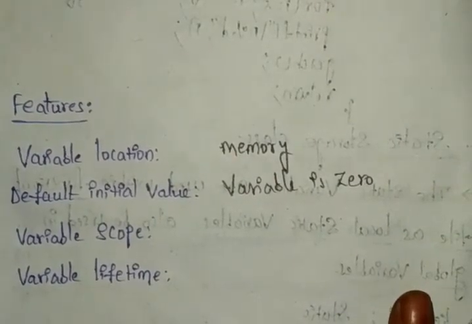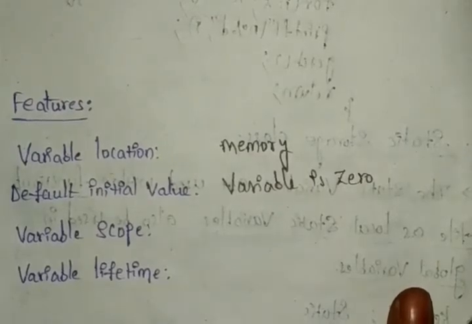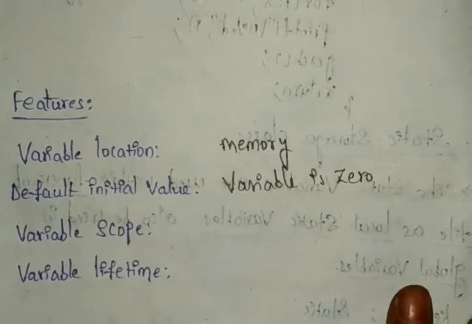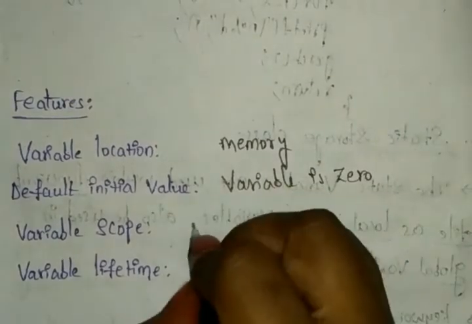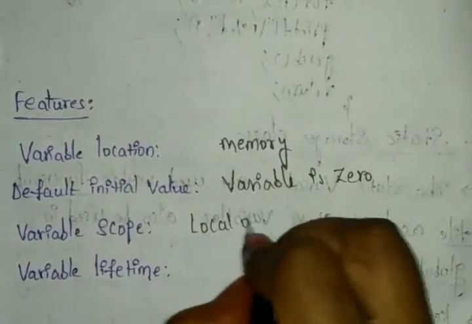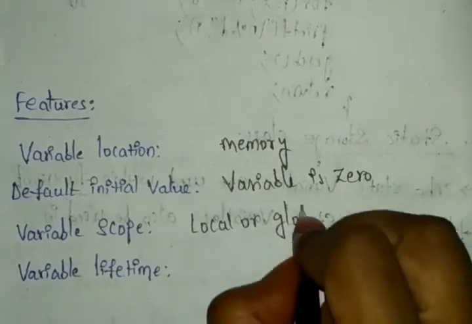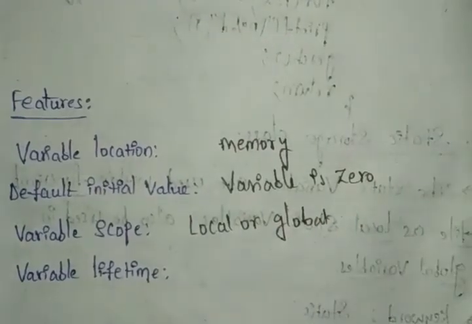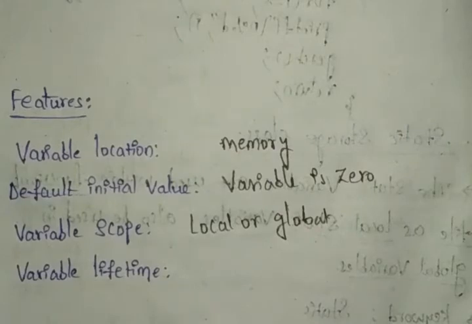And the variable scope, we already discussed, it can be local and global. You can define this local to the block, or global also. And we have the variable lifetime.